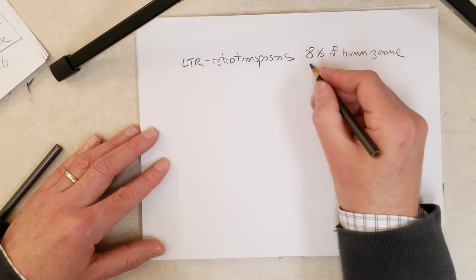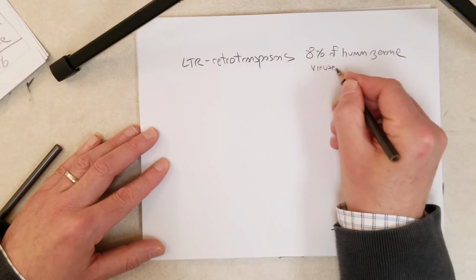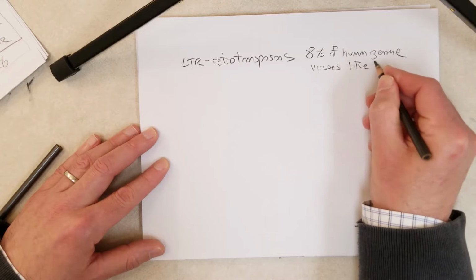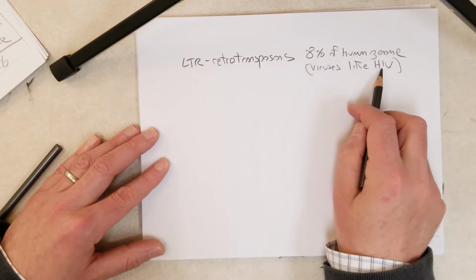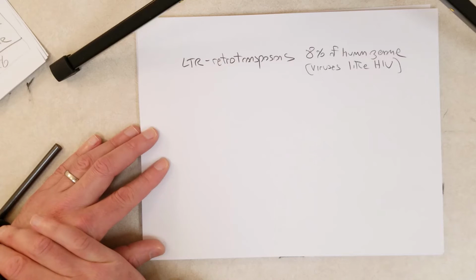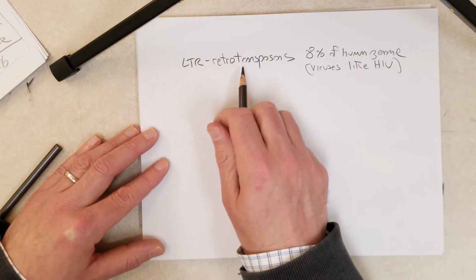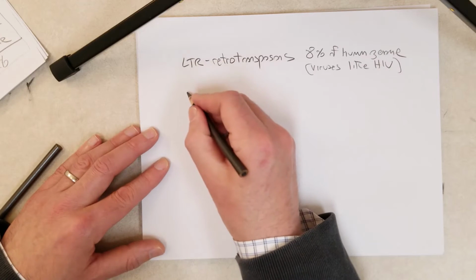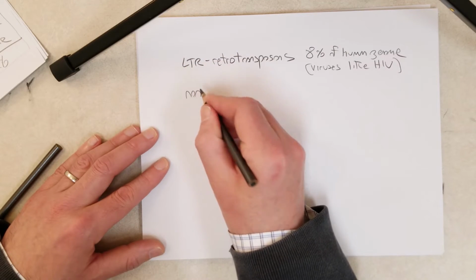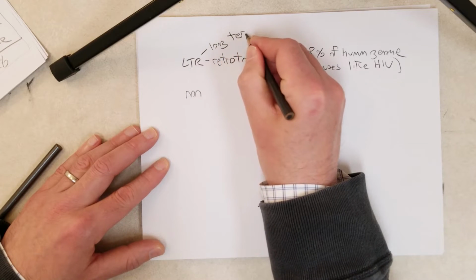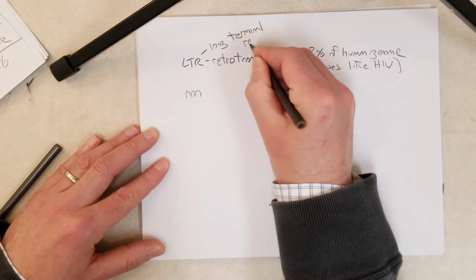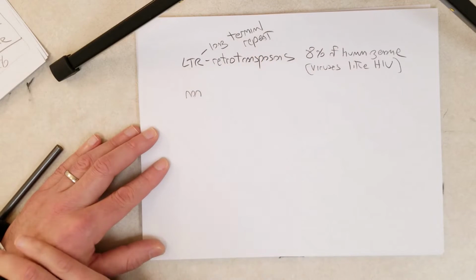These are related to viruses like HIV, but unlike viruses like HIV, they don't have an independent form. LTR stands for long terminal repeat, if you're interested.